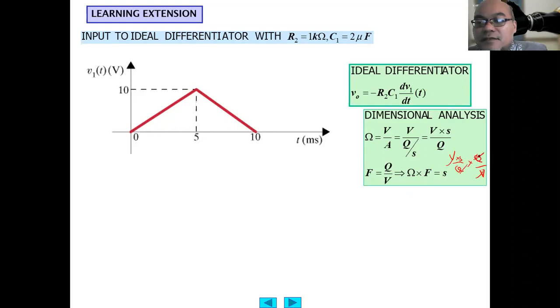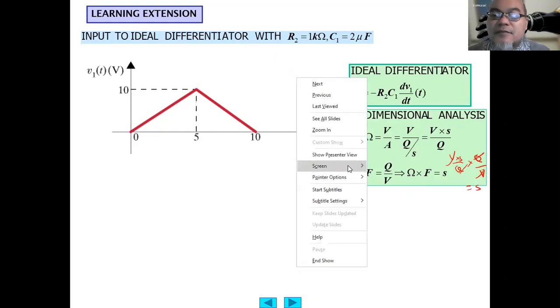These cancel each other, so the dimension is second. So from a dimensional point of view, ohm times farad has the dimension of time.